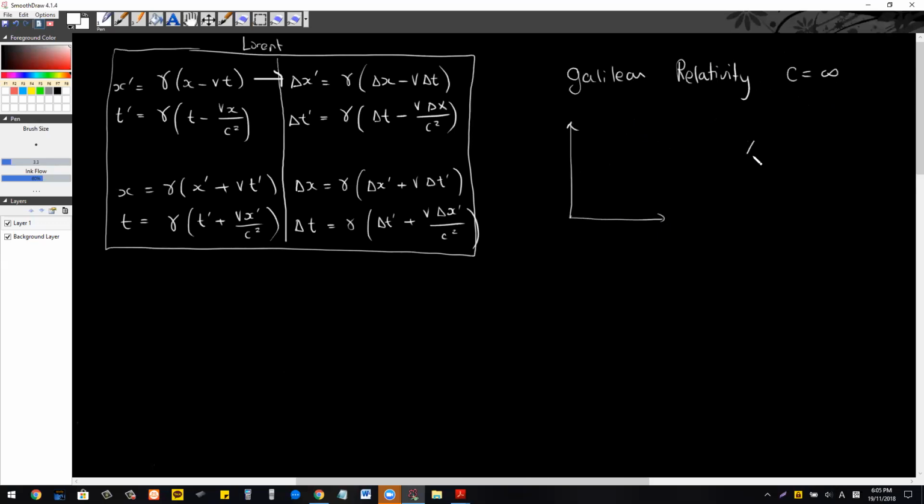Let's say there was some event here, and the position of this event is x, according to the frame S. Now, there is another frame. Let's say this event happened at time t, at position x, according to this frame.